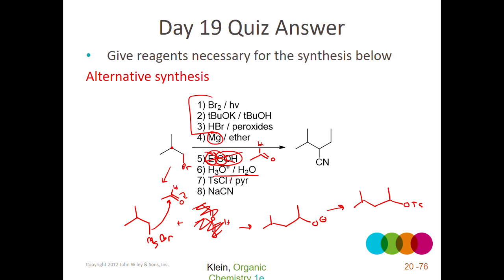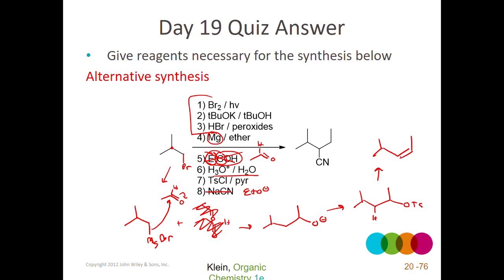I'd have to use an ethoxide to pick up this proton, make a double bond here. Then I'd have to try to figure out how to add something across this double bond that would allow me to put the leaving group here.